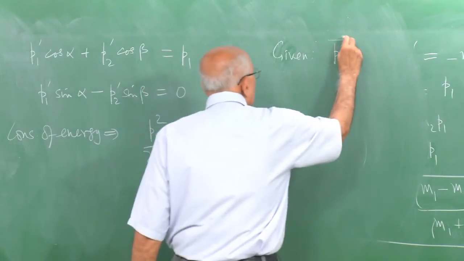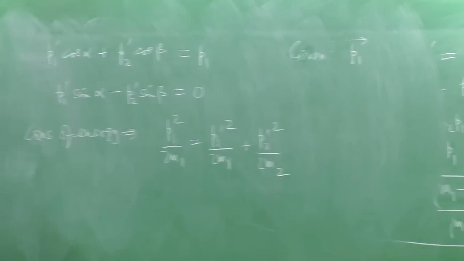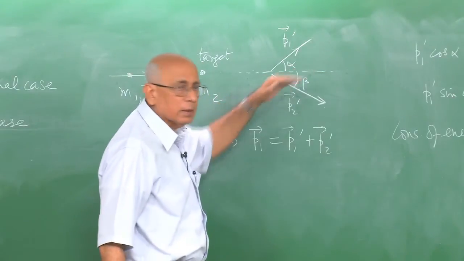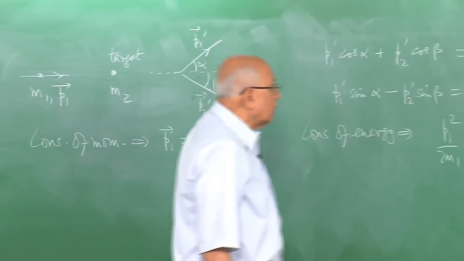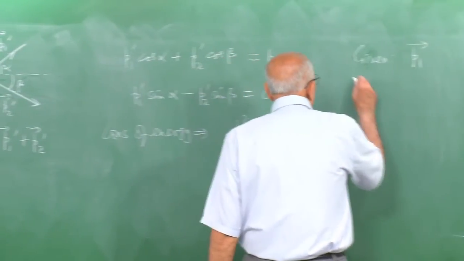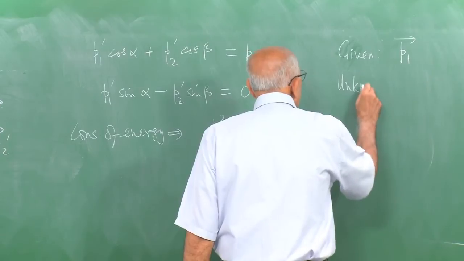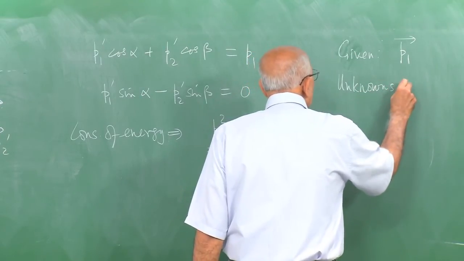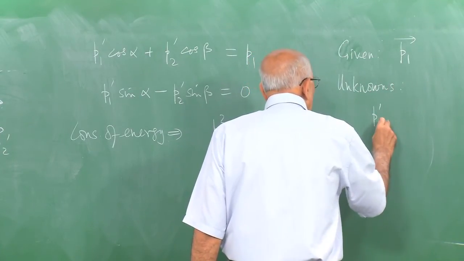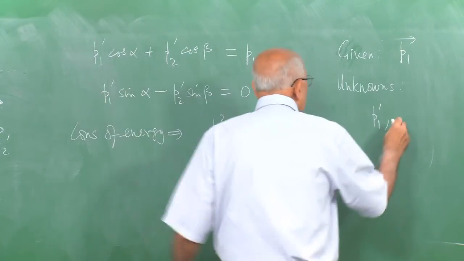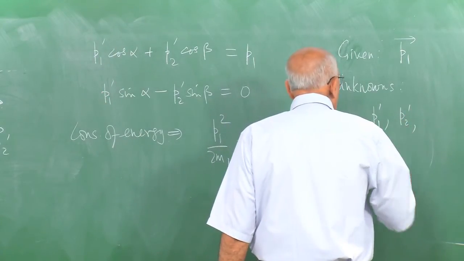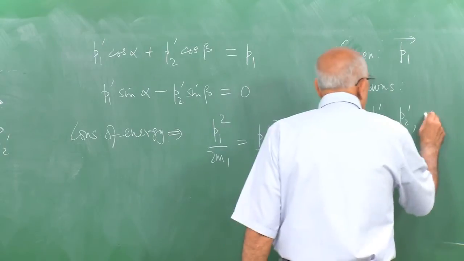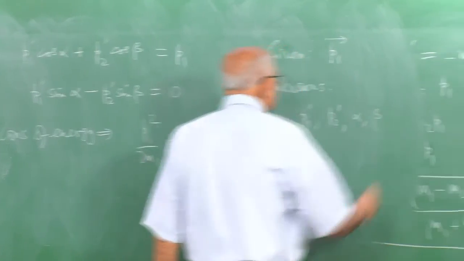In fact, the vector P1 is given to you, and we've chosen the vector P1 to be along this direction here. So given that, we need to find the unknowns, which are P1 prime, the magnitude of particle 1's momentum, P2 prime, the magnitude of particle 2's momentum, alpha and beta.